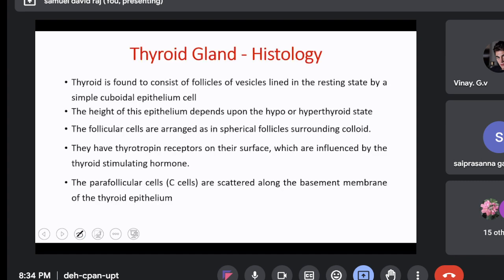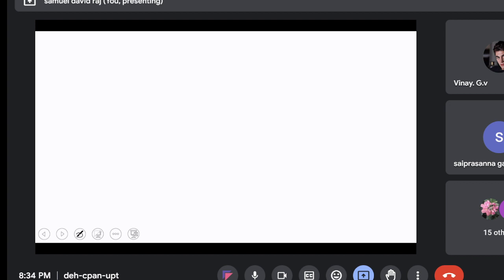So coming to the histology, the thyroid consists of a number of follicles. The height of the epithelium of each follicle depends on the hypo or hyperthyroid state. In a hyperthyroid state, the follicle is this much.